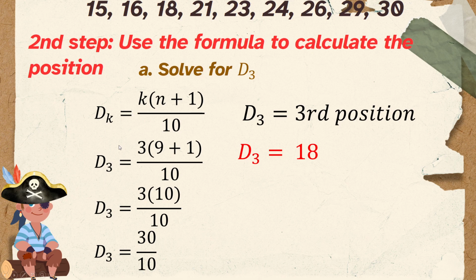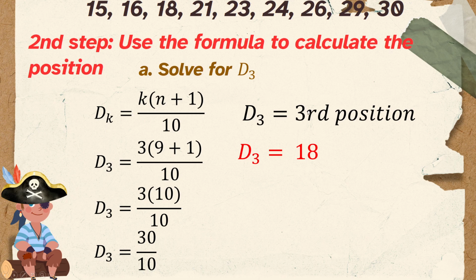So substitute na natin. Our k will become 3 and 3 again. Yung n natin magiging 9. So 9 plus 1 is equal to 10. Then copy. 10 times 3 is equal to 30. So 30 divided by 10 is equal to 3.